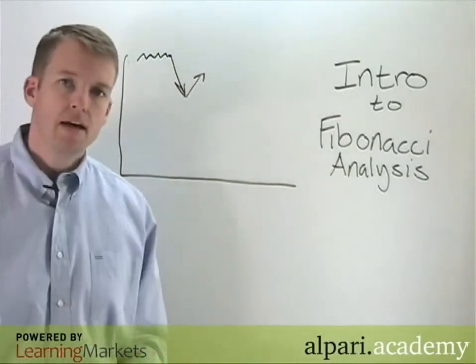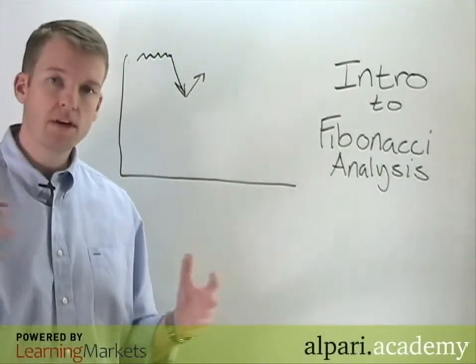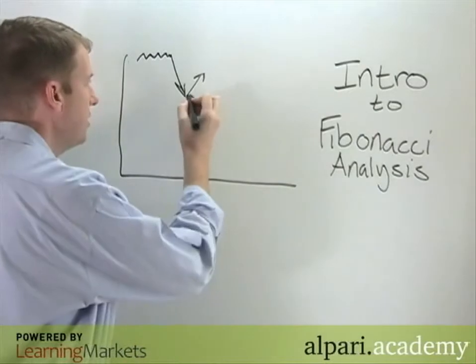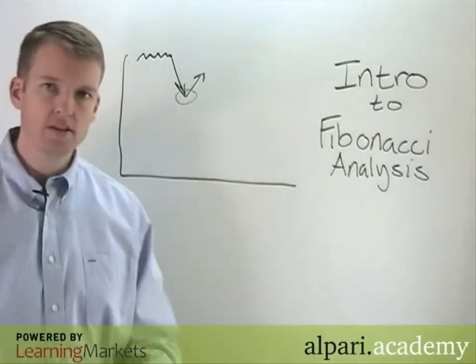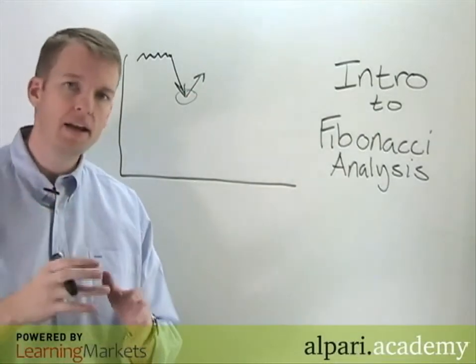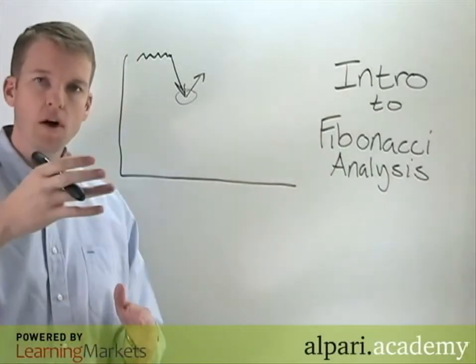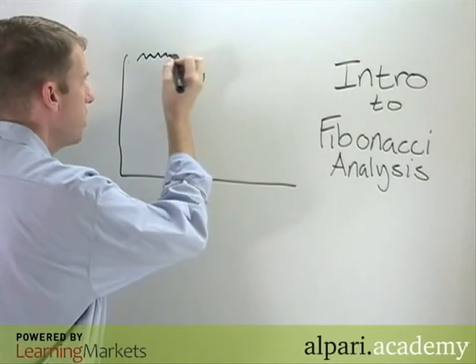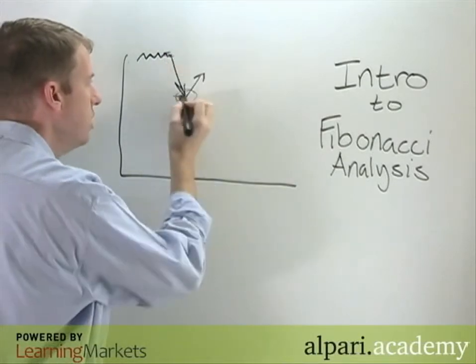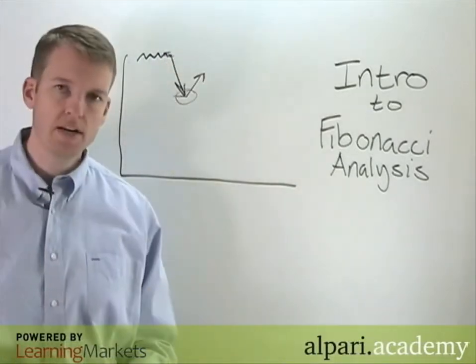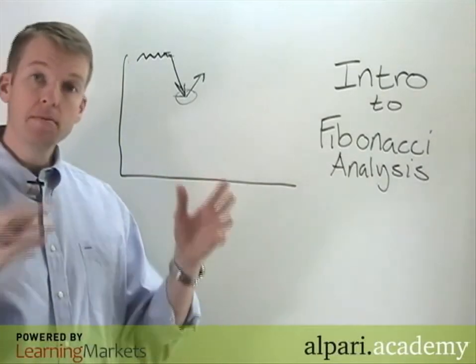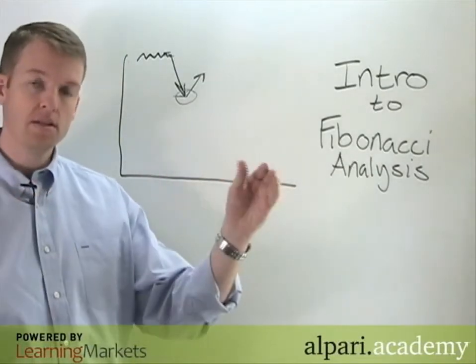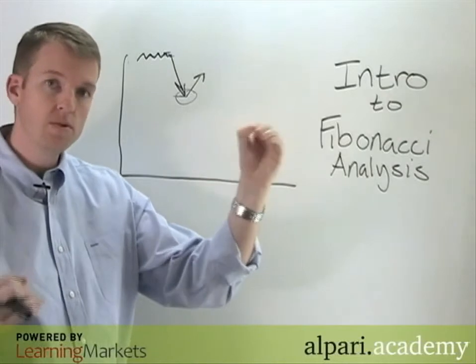It popped up. Now what we're looking for here with our Fibonacci analysis is once we've gotten a pretty solid correction, so this is not just 1 or 2 days of upside, this was a fairly large correction to the upside, then we know where our initial trend was. So our trend was from the top here to the beginning of this correction. And what we do is we apply a Fibonacci analysis to this, a retracement study to this trend.